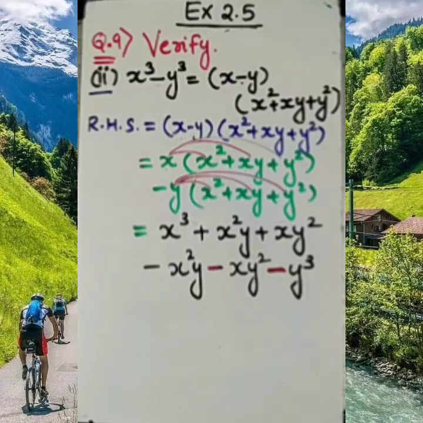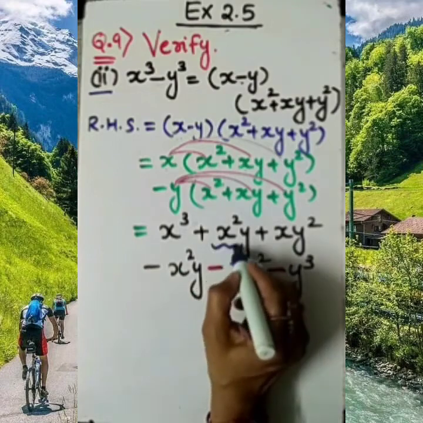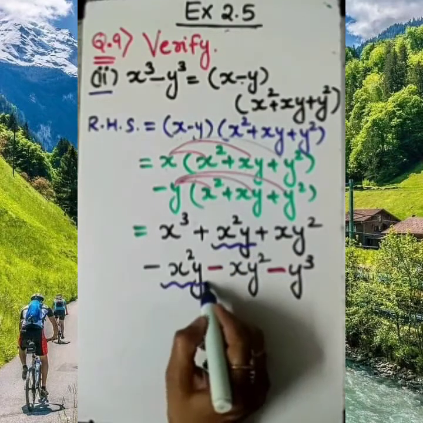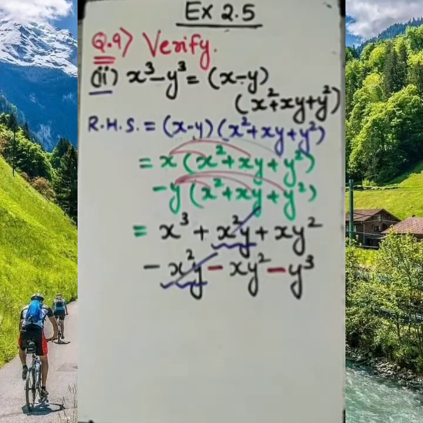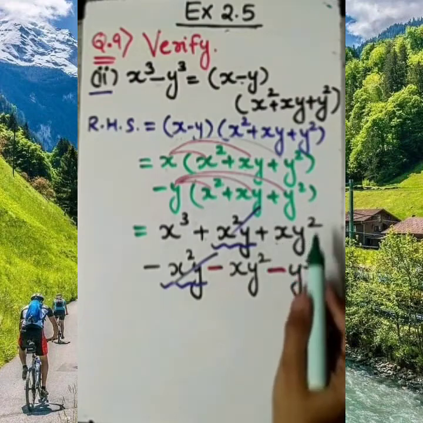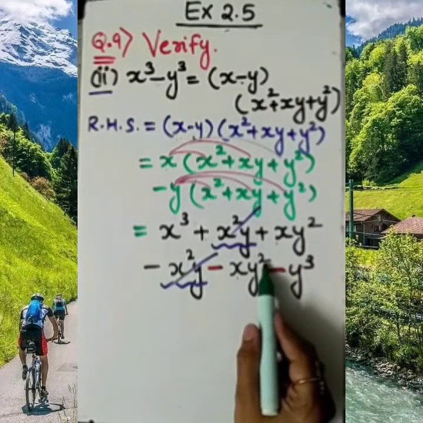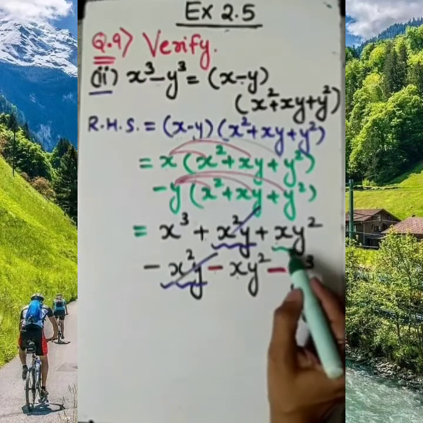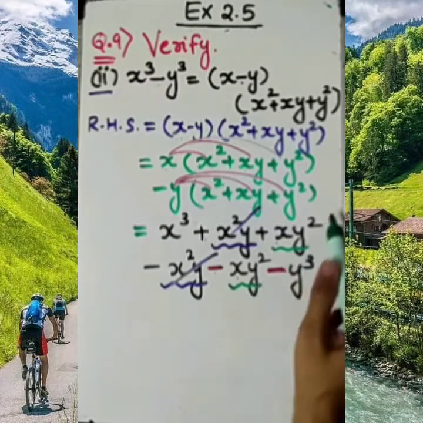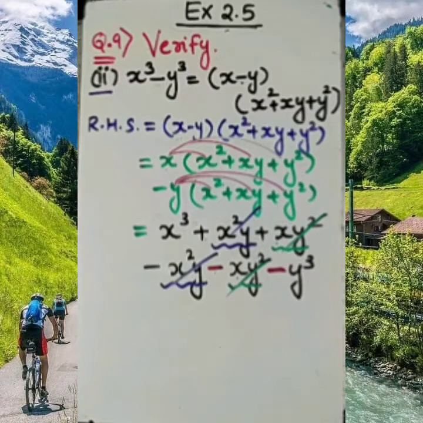Clear to you? So my dear student, you can see which terms are like now. Just observe. Can I say x square y is similar with x square y and they are with opposite signs, so it will be cancelled. Same thing, xy square, they are like terms with opposite signs, so they will also be cancelled.